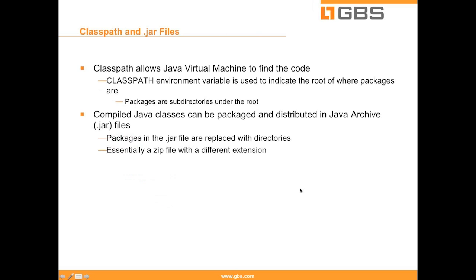So, the class path and .jar files. Jar files, or Java archive files, are an opportunity to pull together several class files into basically one structure. A lot of times they don't all have to be inside the same package, but often they are. Instead of deploying 12 class files to your class path, you can simply deploy this one jar file, and then all of the classes within that jar can be referenced.